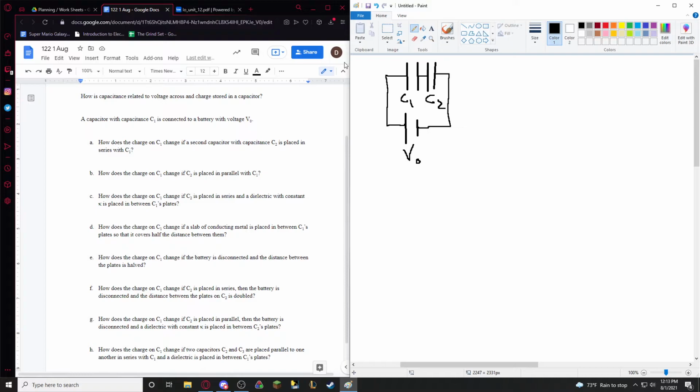I'm not sure. How do we relate? So Roger mentioned that the voltage is going to go down because they're connected in series with one another. So how do we relate the charge to the voltage?